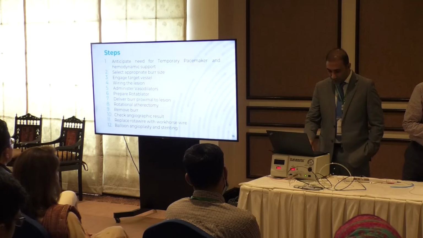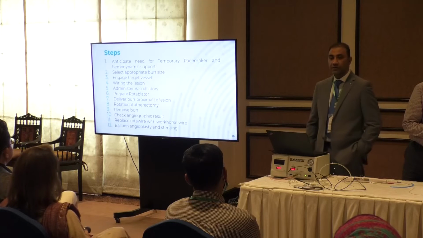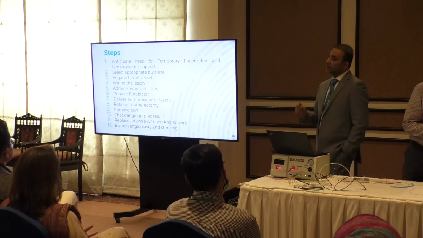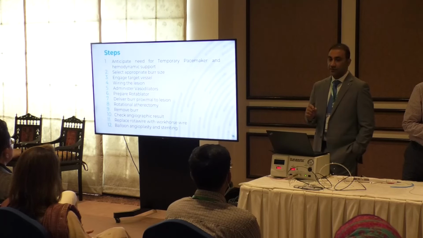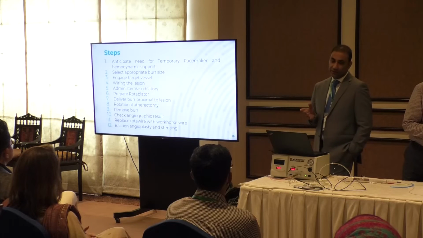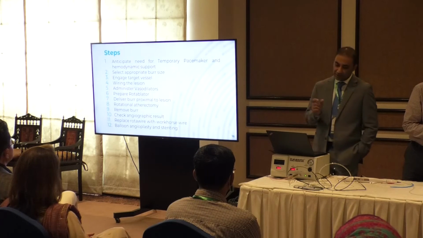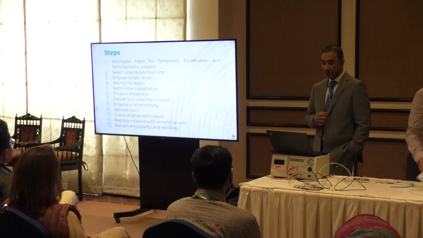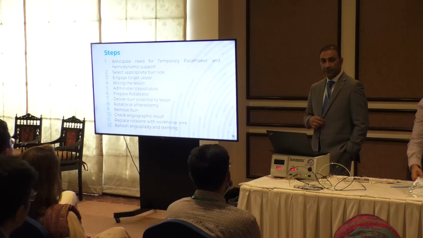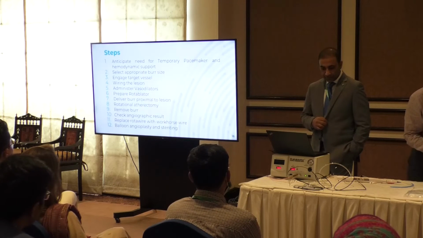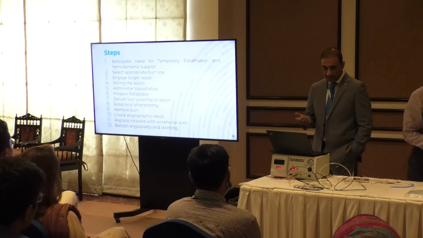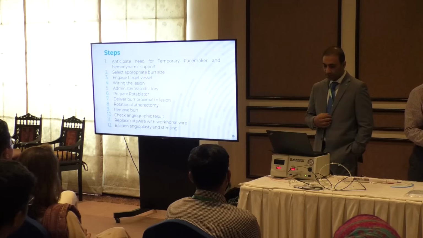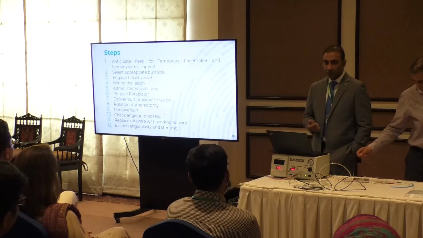The important thing is that you should definitely select the appropriate burr. If you select a small burr, the chances of entrapment are more. And if you take a larger burr, again the chance of entrapment will be more. So you should select the proper burr size. The next step, you will engage your target vessel and go for the normal angioplasty.